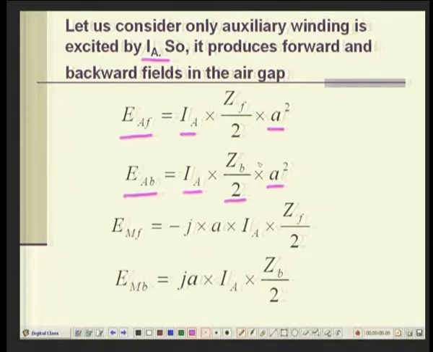If you pass a current IA in the main winding, it will produce a voltage V. If you pass the same current in the auxiliary winding, it will produce an MMF proportional to A times the main.